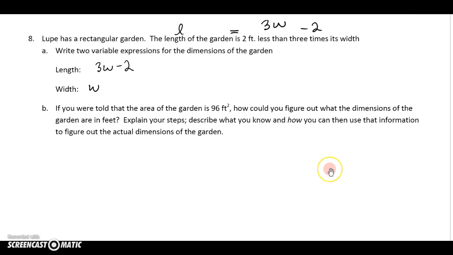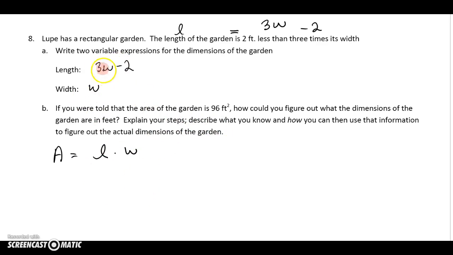So I think what this problem is asking is, if you know the length and the width of the garden and the area, I know that the area is length times width. So if I know what the length is and the width is and the area is, I can solve for W using our area formula for a rectangle. My guess is that since this is a quadratic question, we'll have some factoring or other stuff to do.